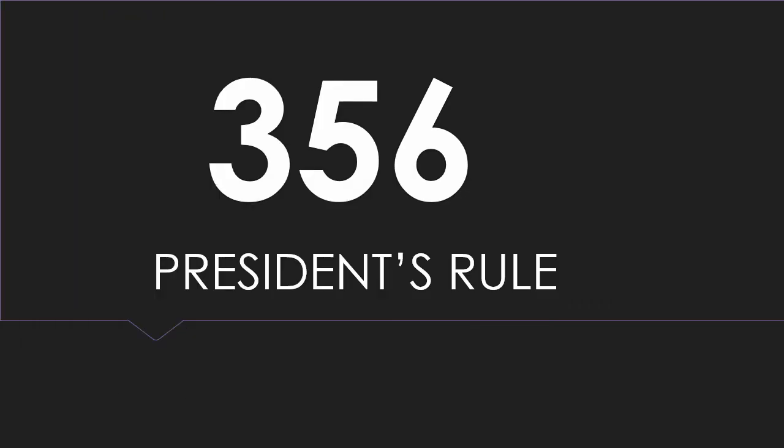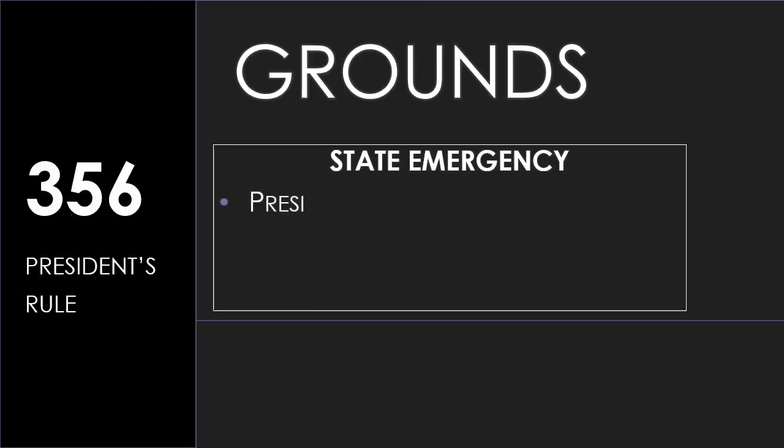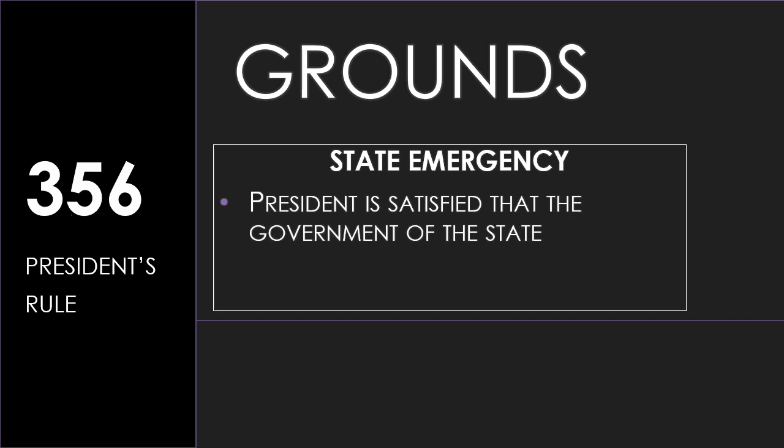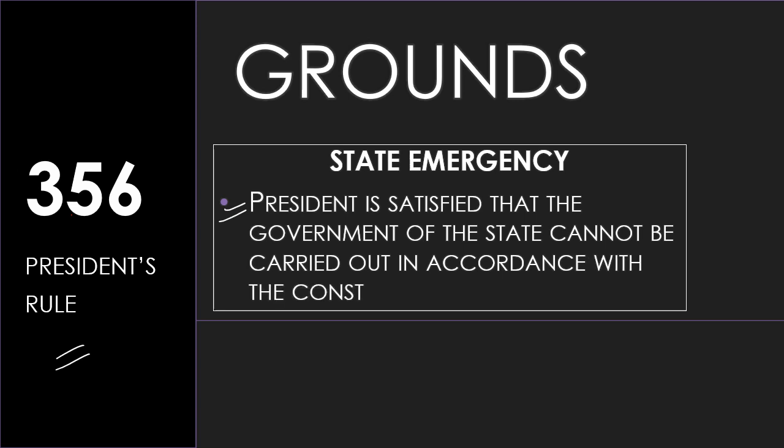Next, we come to President's Rule. When we talk of Article 356, which discusses the President's Rule, basically the President can proclaim the emergency under 356 if the President is satisfied that governance in that state cannot be carried out in accordance with the Constitution.